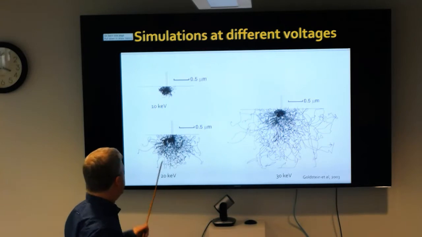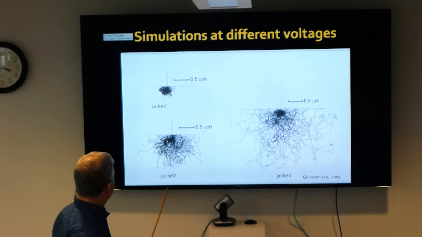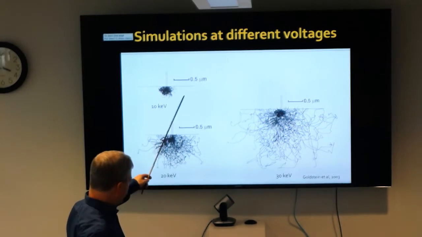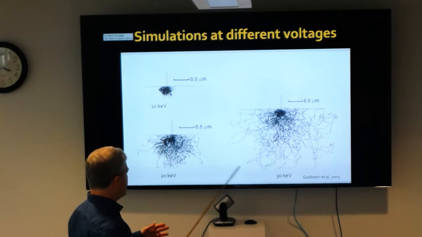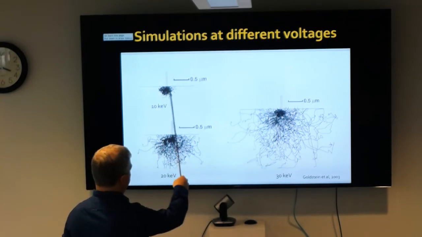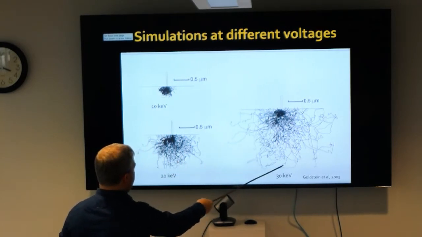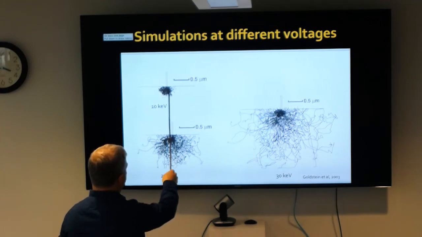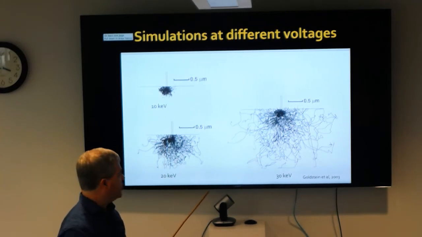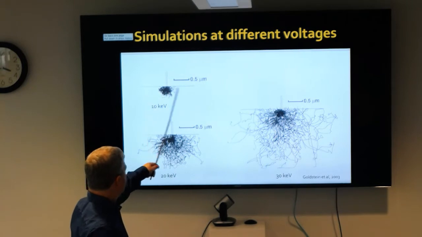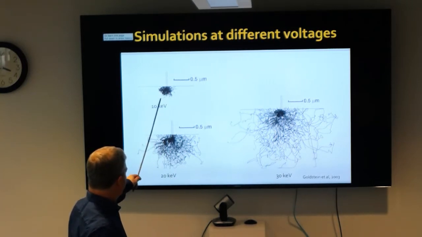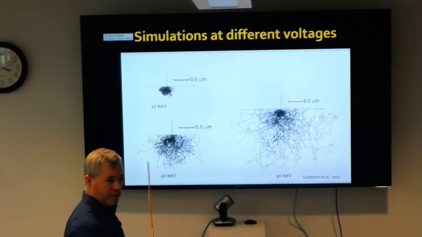At different voltages, you get different depths of penetration. This would be the same sample, but at 30 keV it goes quite deep, at 20 keV less deep, and at 10 keV even less deep. So when you want more of a surface view of your sample and not see too much of what's underneath it, you want to lower the voltage.